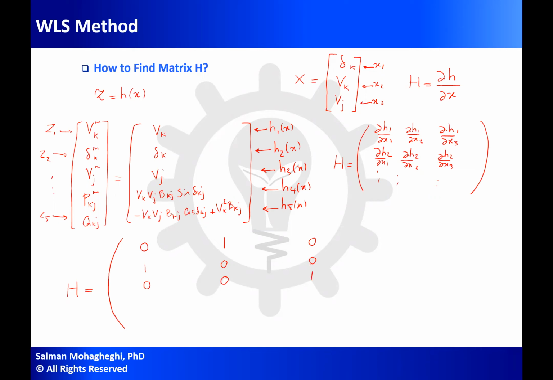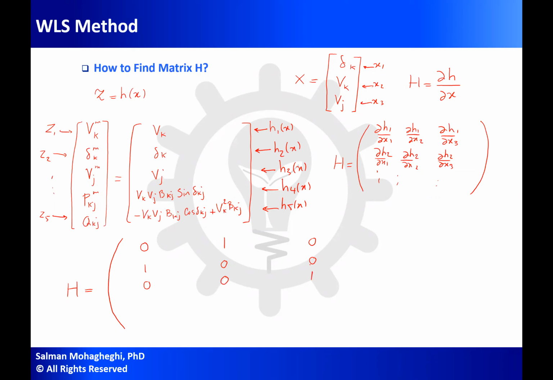So let's consider H4 of X now, which is Vk Vj Bkj sine of delta kj, which of course you can think of as delta K minus delta J. What is the derivative of this with respect to delta K? The derivative of sine with respect to delta K would be cosine.